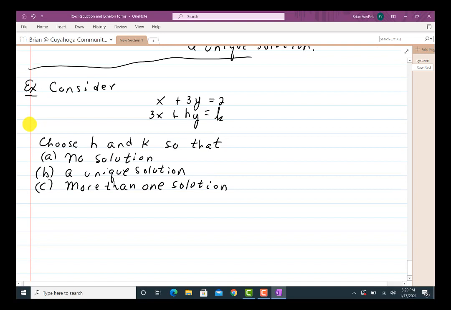Let's take first, before I do anything, I'm going to convert this to a matrix. Now, my job is to figure out values of h and k for each of these processes. But first, what I'm going to try to do is get it into as close to reduced echelon form as I can.